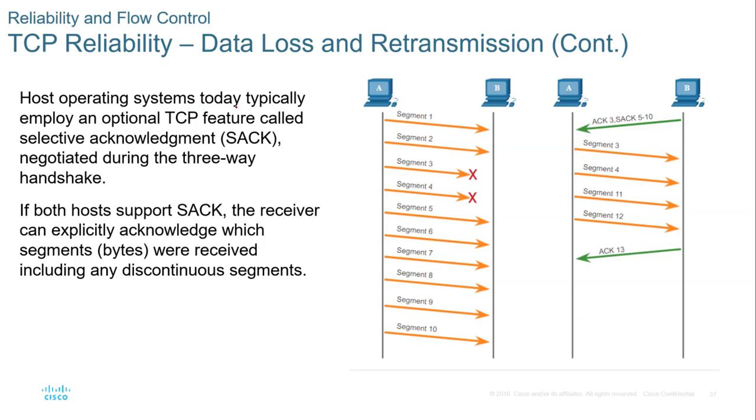The host operating system today typically employs another mechanism, an optional TCP feature called selective acknowledgement, which is negotiated during the 3-way handshake. If both hosts support selective acknowledgement, then the receiver can explicitly acknowledge which segments or bytes were received, including any discontinuous segments.